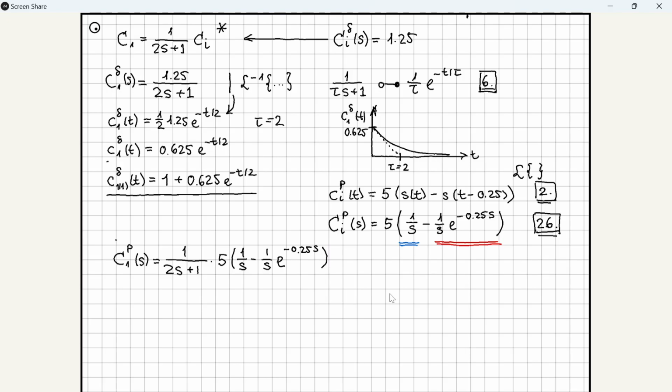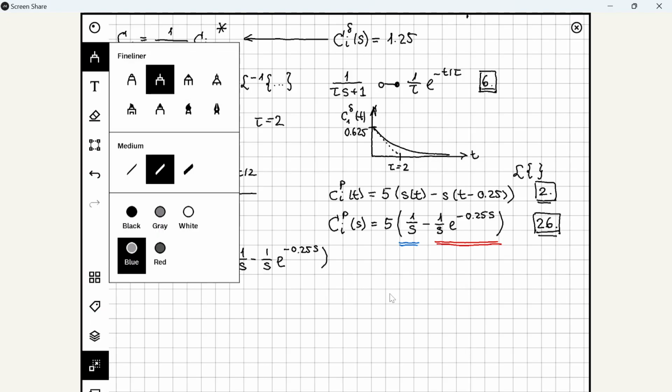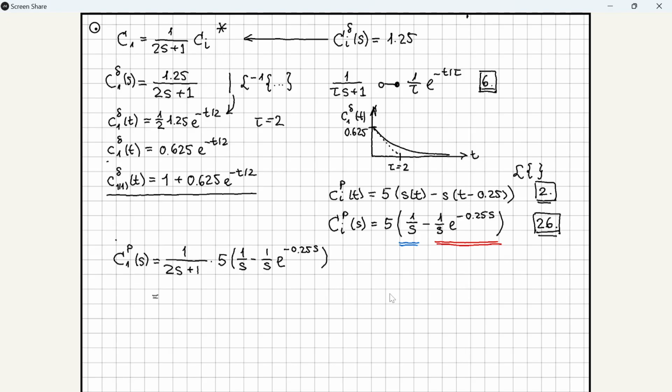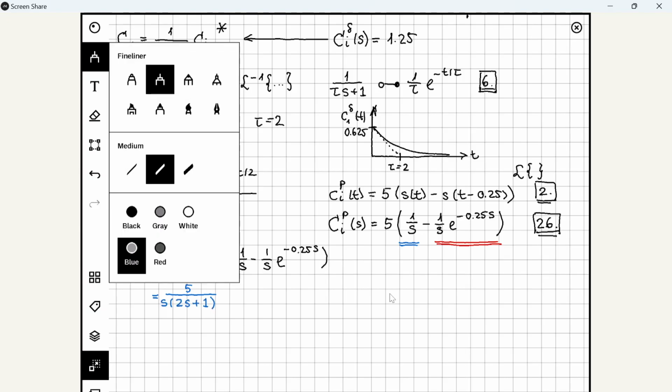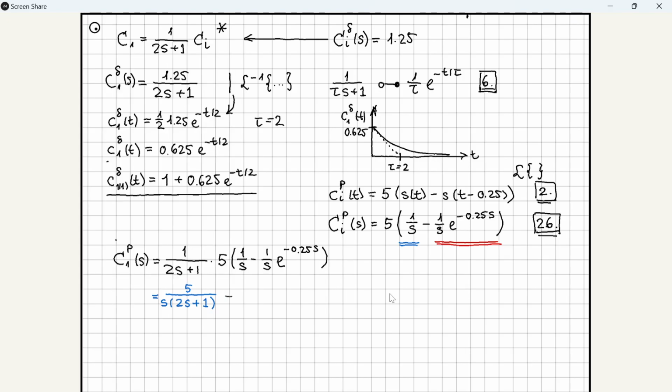Now, these are two separate terms, so I should keep them separate, and this is why I marked the one blue and the other one red. So I'm going to do the same here now. This is equal to 5 divided by s times 2s plus 1, minus 5 times s times 2s plus 1 e to the minus 0.25s.